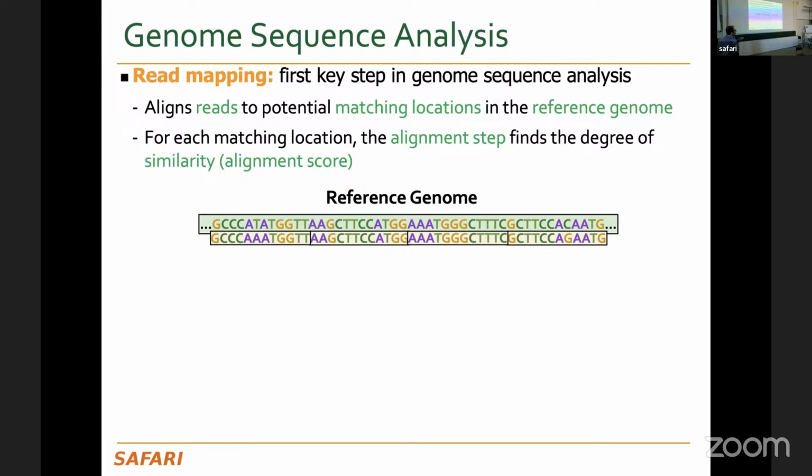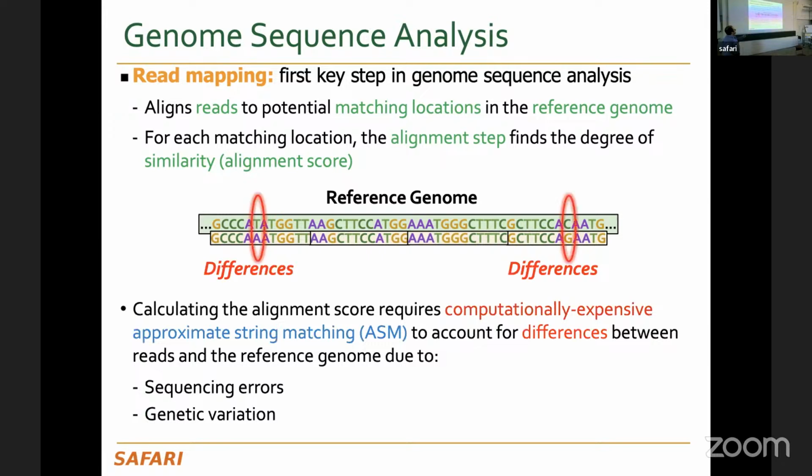For each matching location, the alignment step finds the degree of similarity, which we call the alignment score. Basically, these are the differences. Calculating the alignment score requires a computationally expensive algorithm like approximate string matching to account for differences between reads and the reference genome.